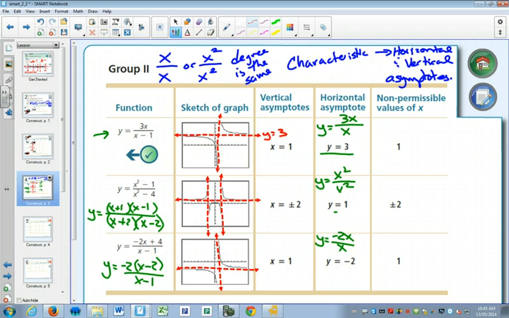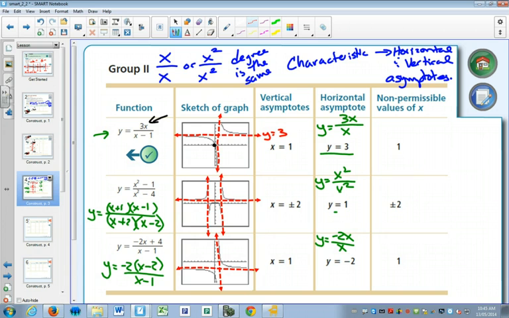The nice thing about factoring each of these is you can easily find the x-intercepts. Because if the fractions are factored, and I factored the second two, and the first one's 3x is as close as you can get to factoring, the only time a fraction is equal to 0 is if the numerator, or the top of the fraction, is equal to 0. When is 3x equal to 0? When x is 0.